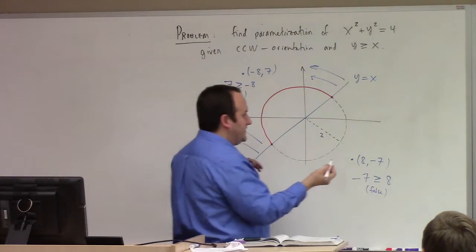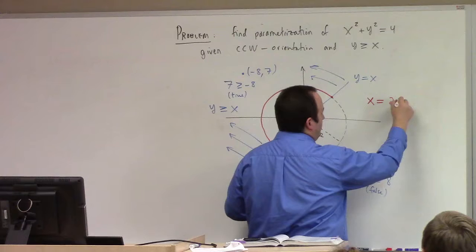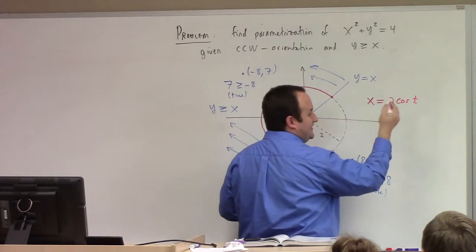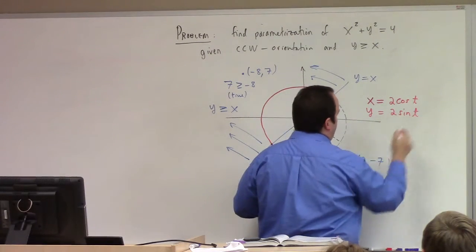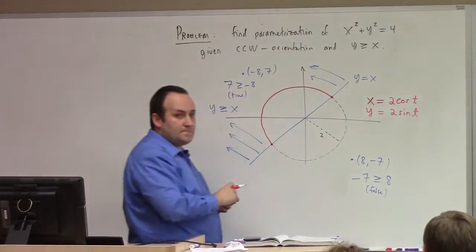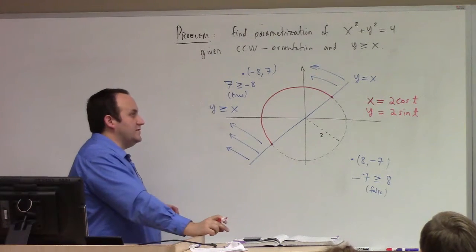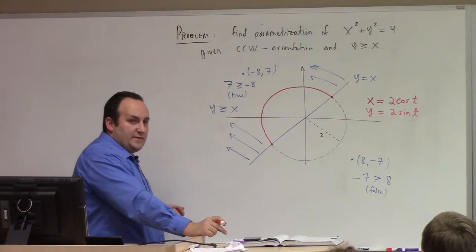Now the standard formulas that I presented you guys would be that we set x equals 2 cosine t, it is theta, and y is equal to 2 sine t for some range of parameters, right? We've been talking about polar coordinates lately, so you really could interpret the parameter as the polar angle in my parameterization.